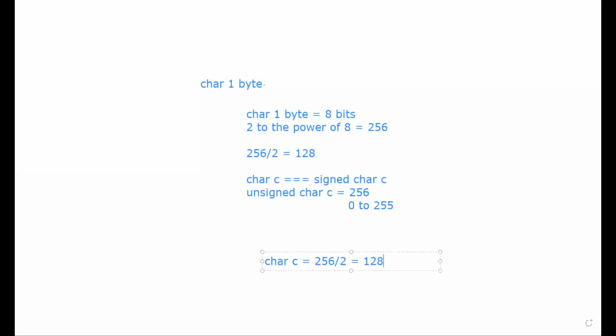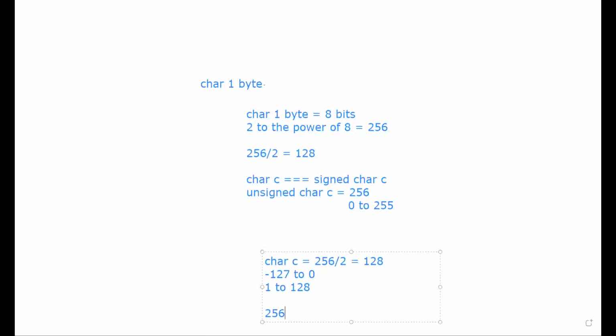So it will come from minus 127 to 0, and another range would be 1 to 128. And if you do the total of all this, it will be 256 only.